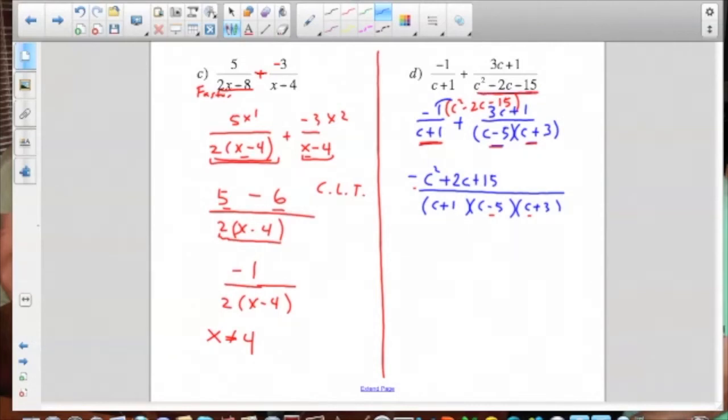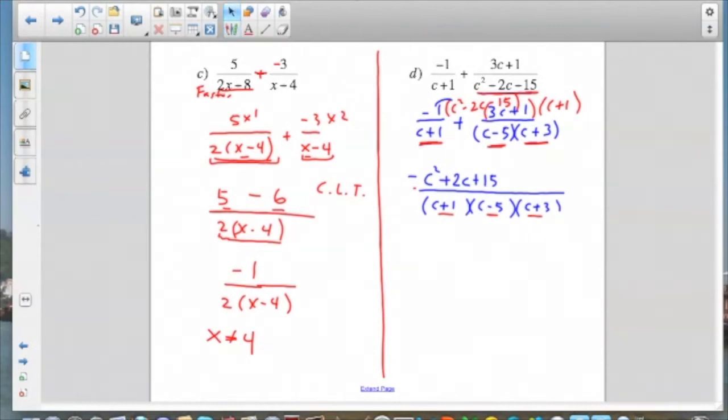Okay, now let's look at the other side. So we have a c minus 5, c plus 3. So there they are. So this one's missing. So I times this one by c plus 1.